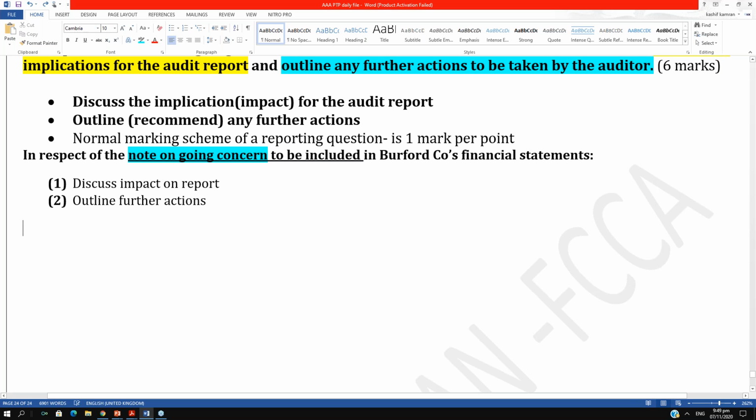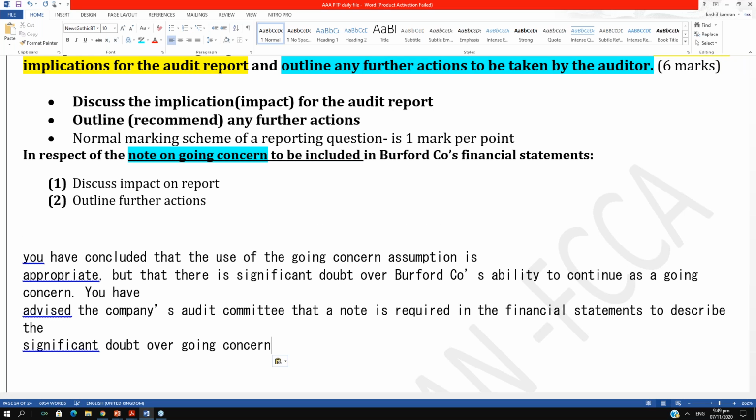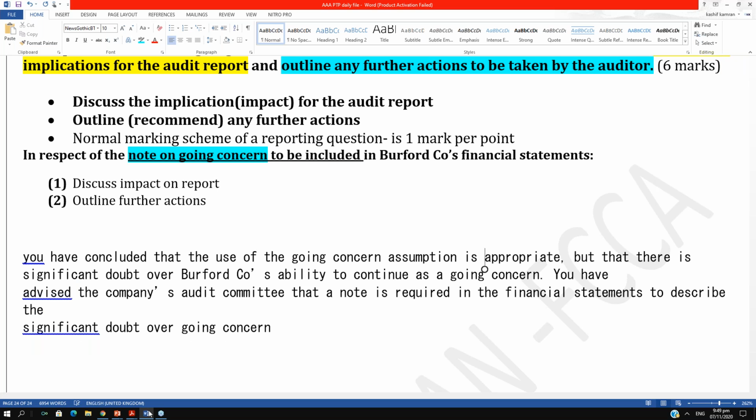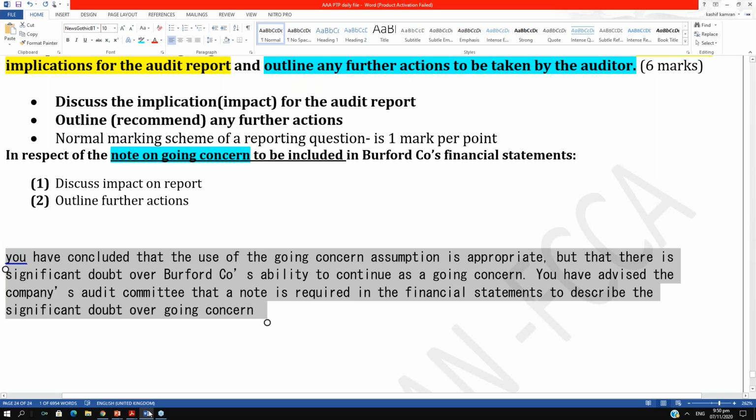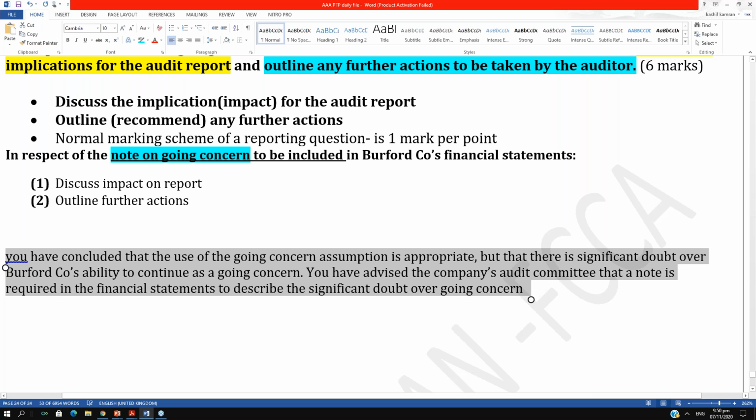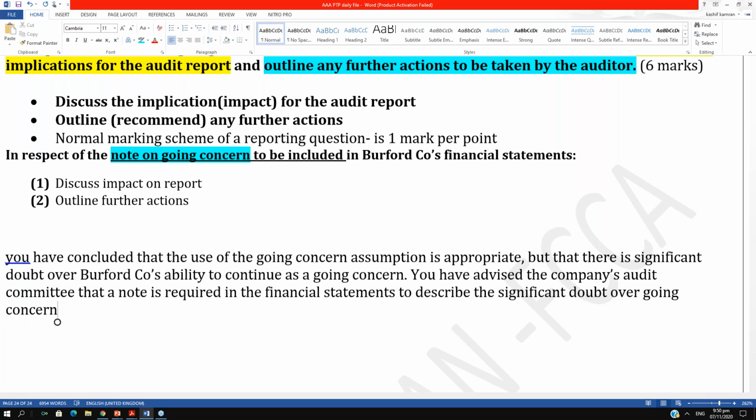The auditor is giving us a conclusion that the company is a going concern. However, the company is facing some material uncertainties relating to going concern, and they have advised the audit committee to include a note. This is an old paper. So you have concluded that the use of the going concern assumption is appropriate, but there is a significant doubt.